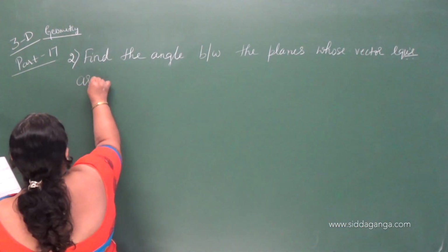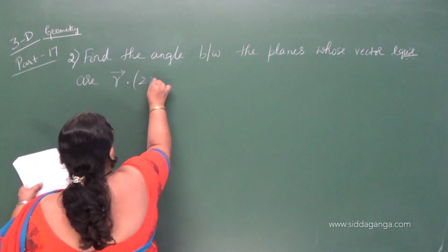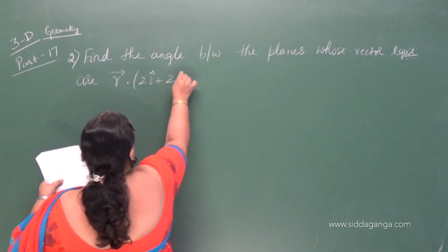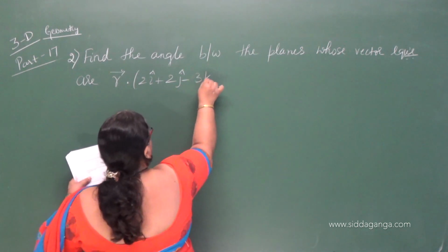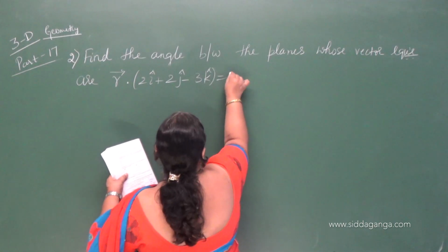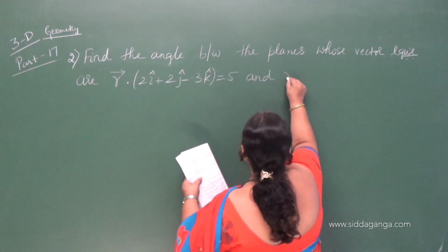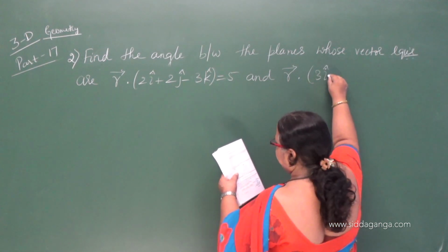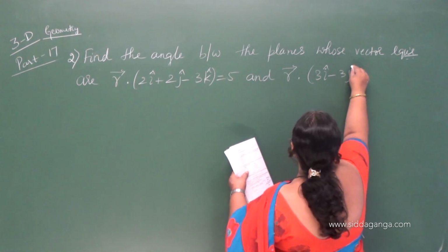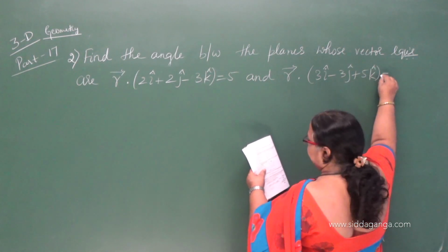vector r dot 2 i cap plus 2 j cap minus 3 k cap equal to 5, and another is vector r dot 3 i cap minus 3 j cap plus 5 k cap equal to 3.